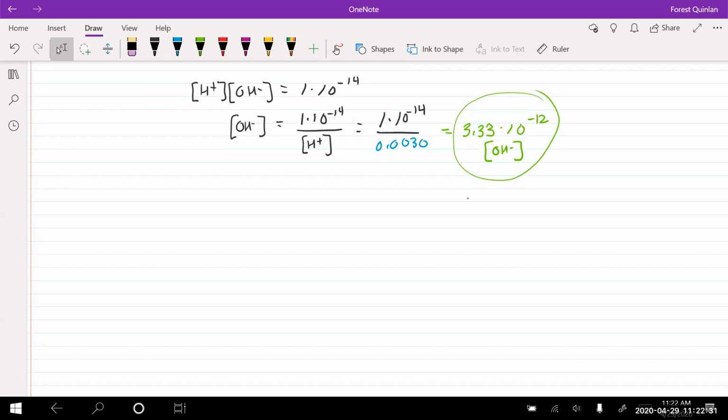Let's do one more just to kick it up a little bit. Let's do 2.5 times 10 to the minus 4 molar H3PO4. I want the concentration of H plus and the concentration of OH minus.